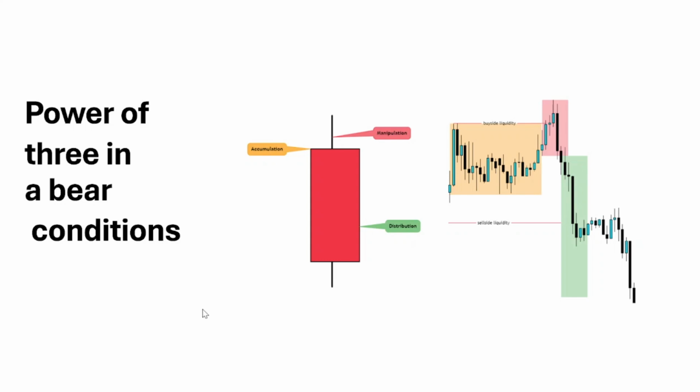Next, you anticipate the next draw on liquidity if price is going to create an up close or a down close candle that day. Then going down to the lower time frame from the 15 minutes, you're looking for a power of three from the opening price. For price to create a fake move going against the buyers, going into a premium price if you're looking for a bear condition or a down close candle.